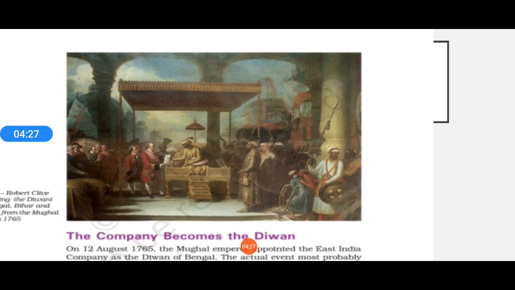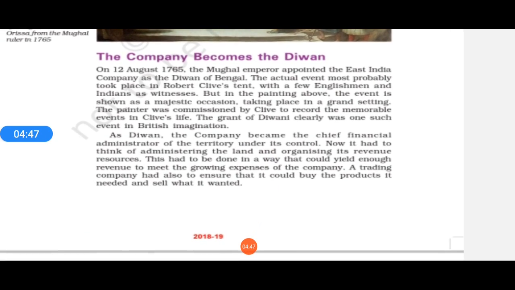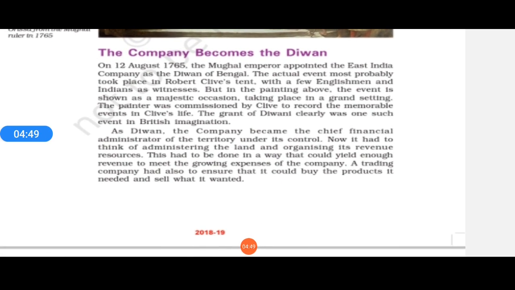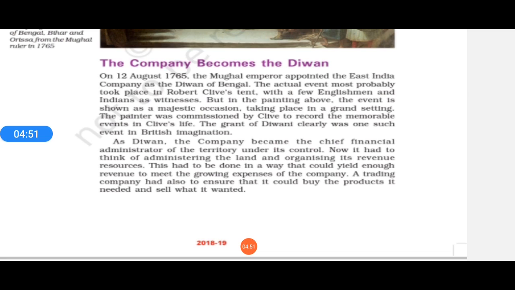After the two wars, the Battle of Plassey and the Battle of Buxar in 1764, in the year 1765 the Britishers were appointed as the Diwan of Bengal. Diwani means they are now going to deal with the financial matters of India and Indian farmers. They are going to collect the rent, taxes, and revenues from the plots.